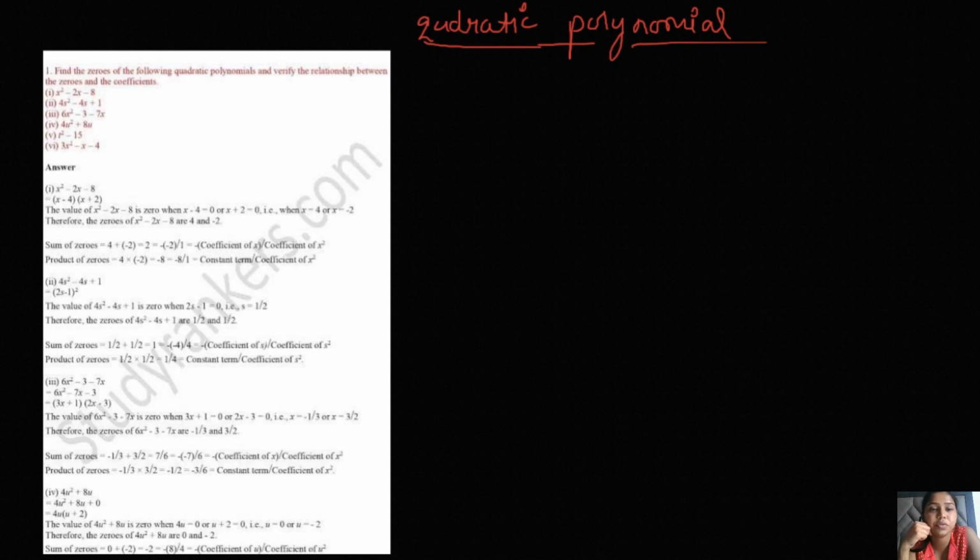Right, so find the zeros of the following quadratic equation and verify the relation between them. So our first quadratic equation is this. So guys, for middle term splitting, what we do is we multiply both of these terms. We'll get 8x square. We know the second term is 2x. Then we have to take the terms which add to form 2x and which multiply to form 8.